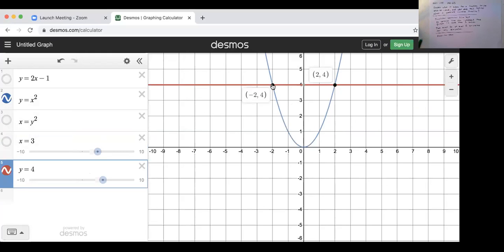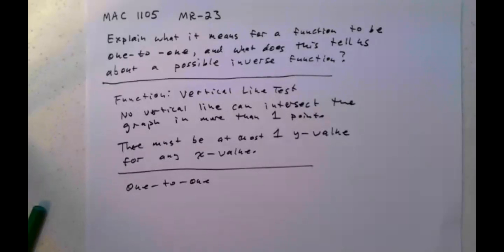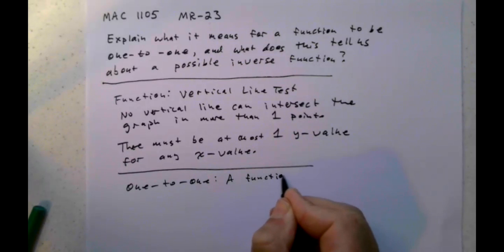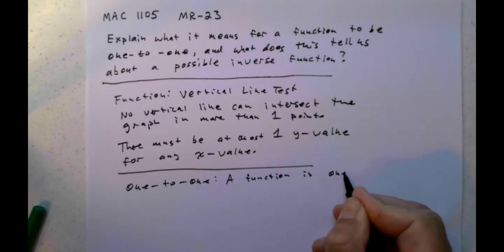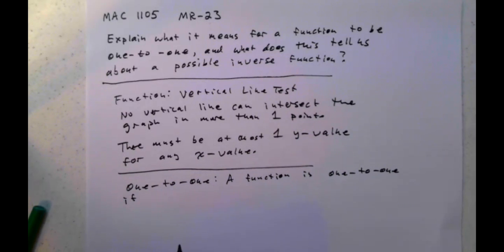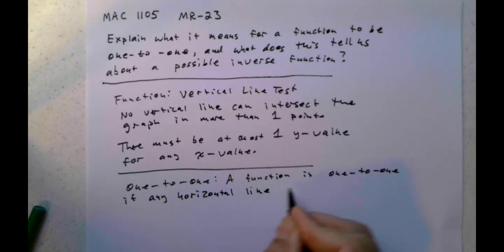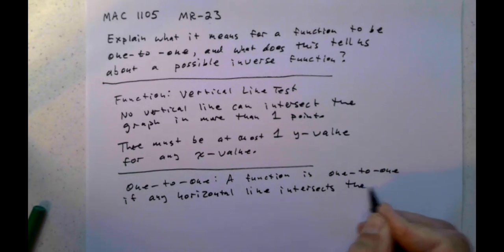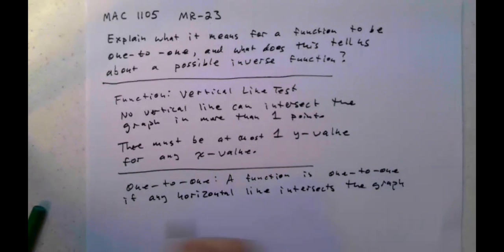So for a function to be one-to-one, what do we say? A function is one-to-one if any horizontal line intersects the graph in at most 1 point.